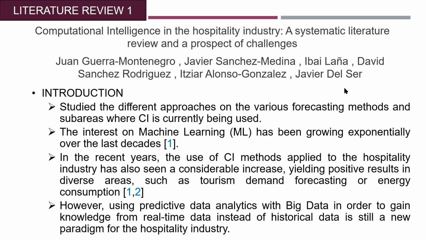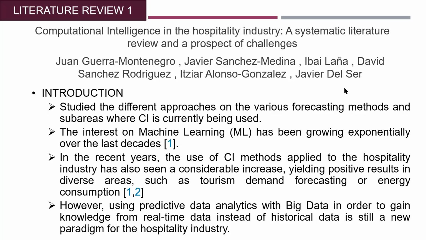For the first literature review, the introduction studies the different approaches on the various forecasting methods and sub-areas where CI is currently being used. The interest in machine learning has been growing exponentially over the last decades.